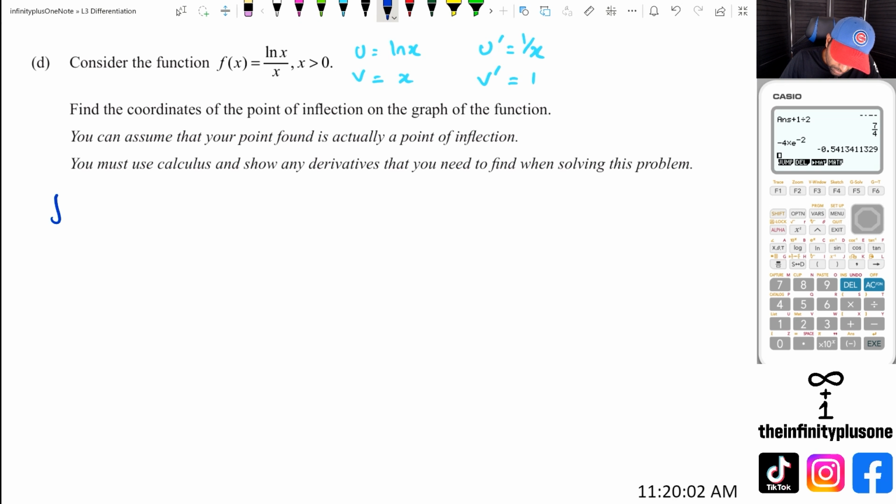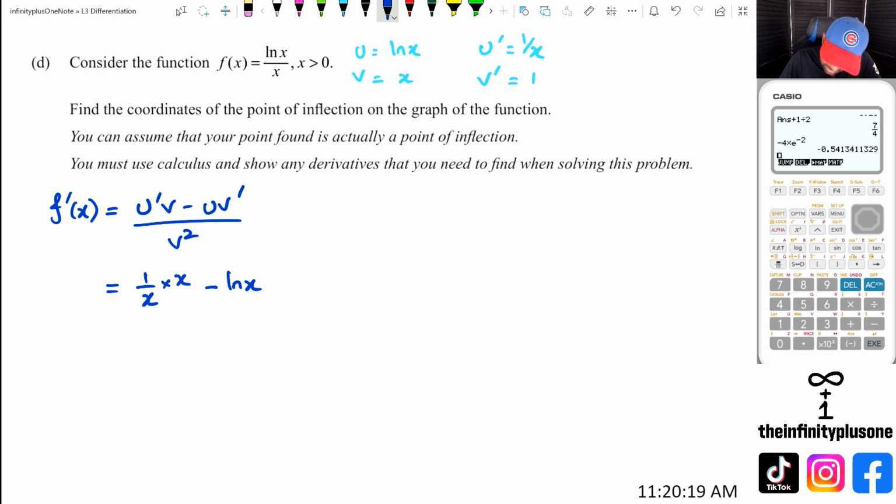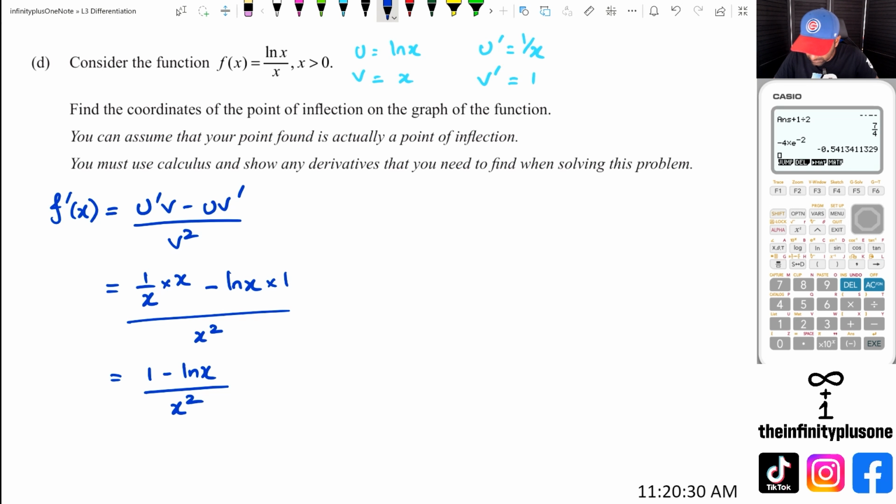If we want to find f'(x), because we have to use the quotient rule for this, we're going to get (u'v − uv') over v², which means (1/x times x − ln x times 1) divided by x². So we're going to get (1 − ln x) over x². Now that is f'(x).